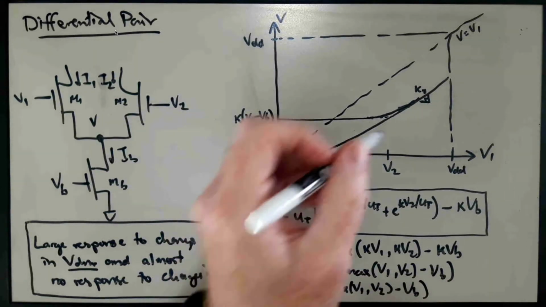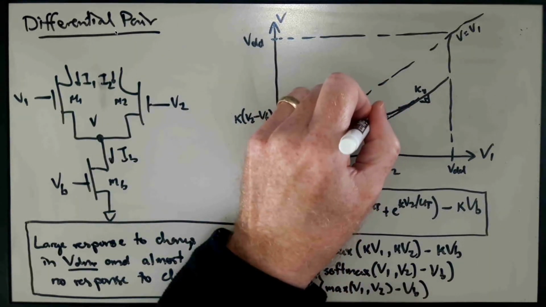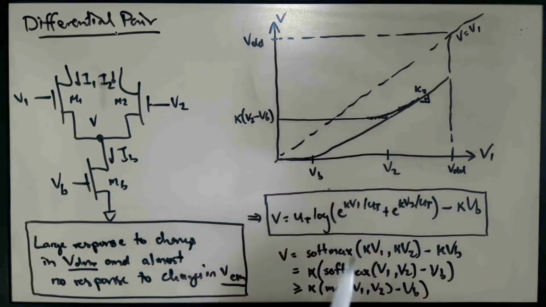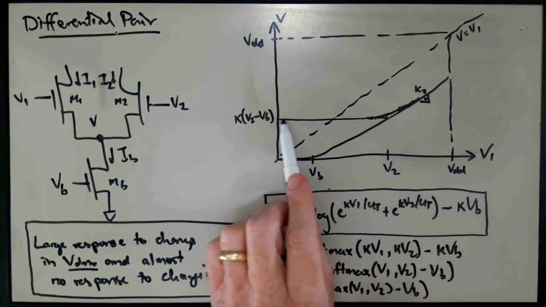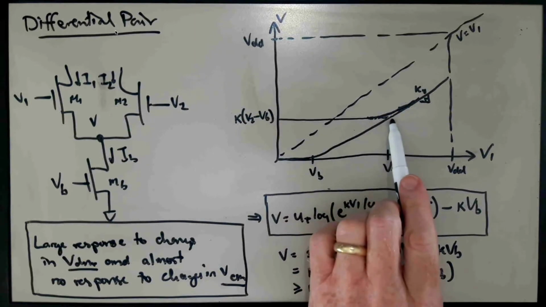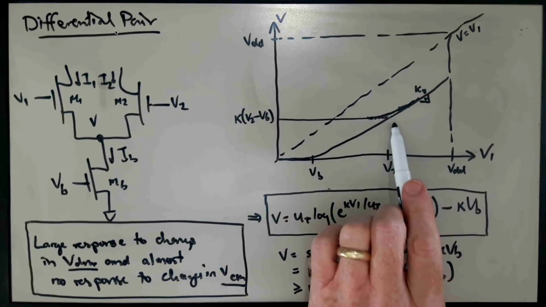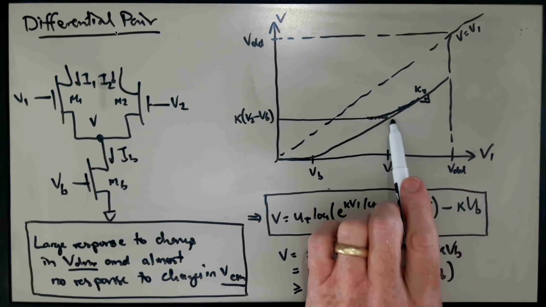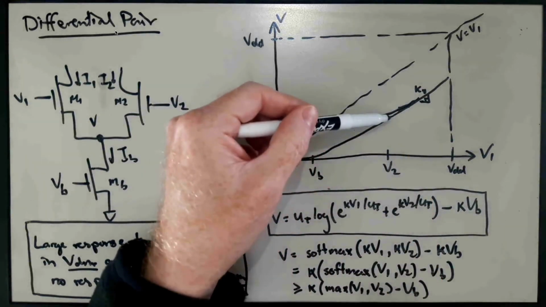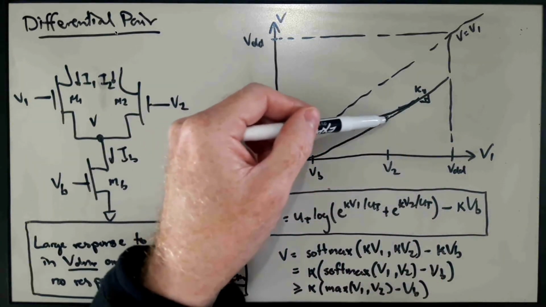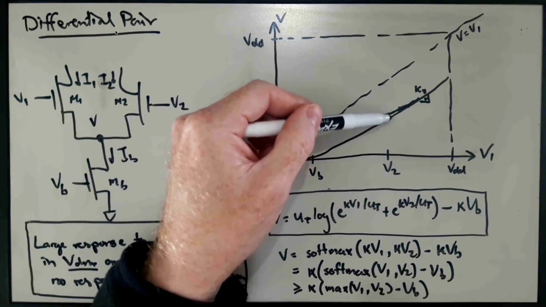So the softmax function is always strictly greater than max. So the max function would be a perfectly straight line here, and then it would join up with a perfectly straight line here that is going up with a slope of kappa, and they would join at a sharp corner here, so the max function is not differentiable, but the softmax function is above it, and it has what would be called corner error.